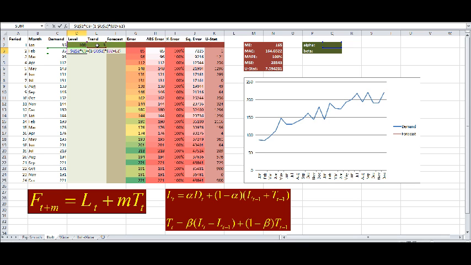Okay, that's this formula. And I hit OK and move over to trend.